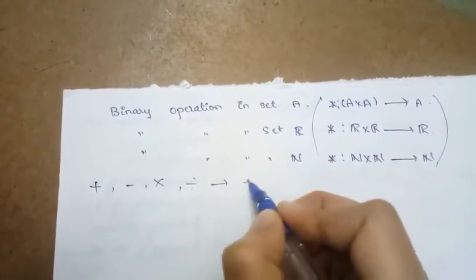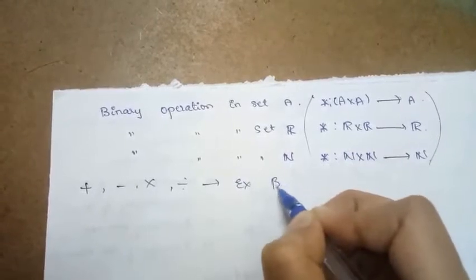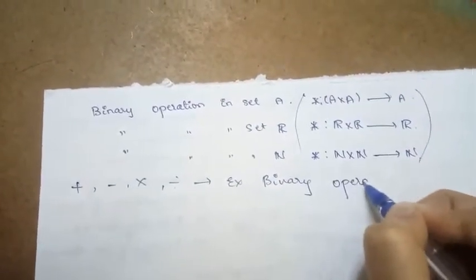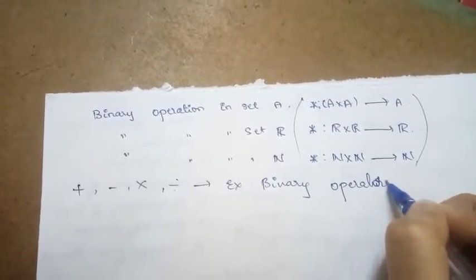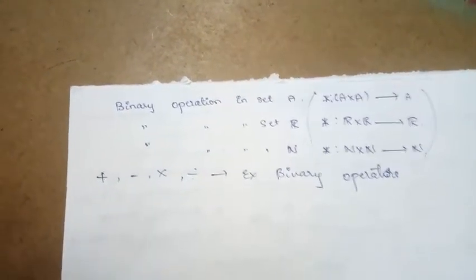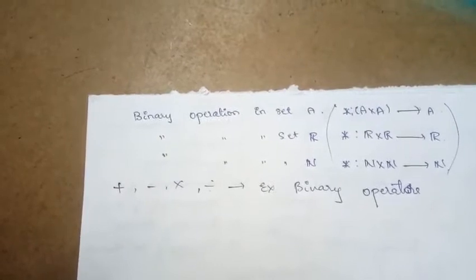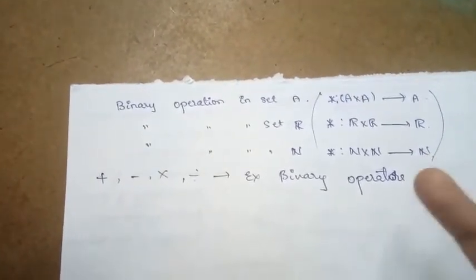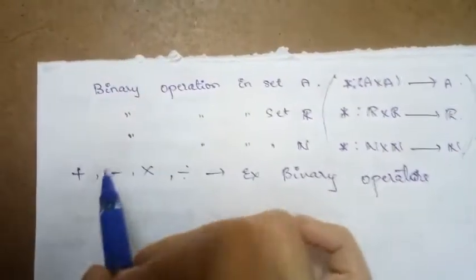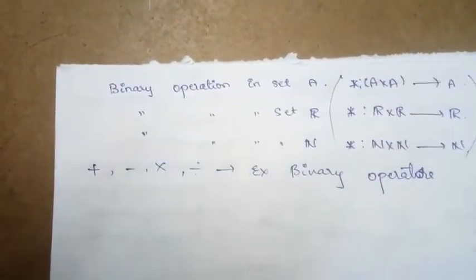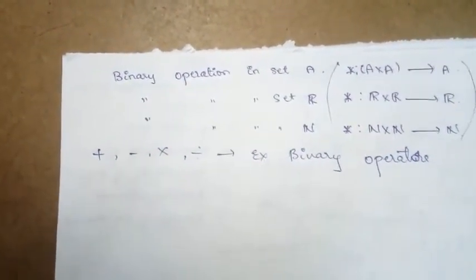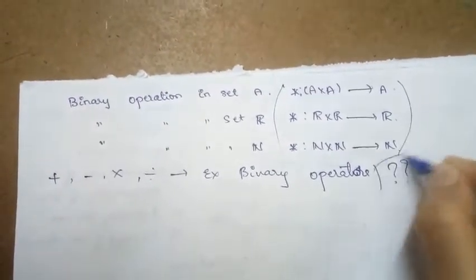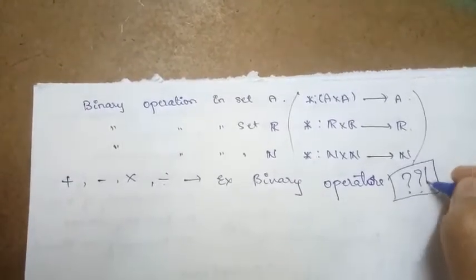So till now we know there are binary operations like addition, plus, minus, multiplication, division. These are some of the examples of binary operators, right? Now the question is whether these operations will always remain binary operations.